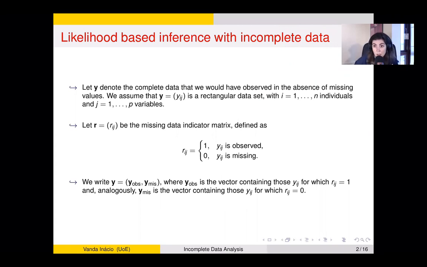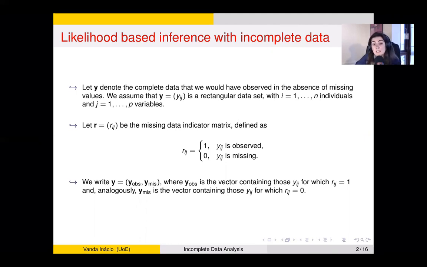And we are assuming that Y is a rectangular data set where the rows are my units, observations, or individuals, and the columns are my variables of interest, and that I have n individuals, observations, or units, so n rows, and p variables. And because I know that I have some missing values, I can further partition my complete data, my Y's, in the observed and missing data part.